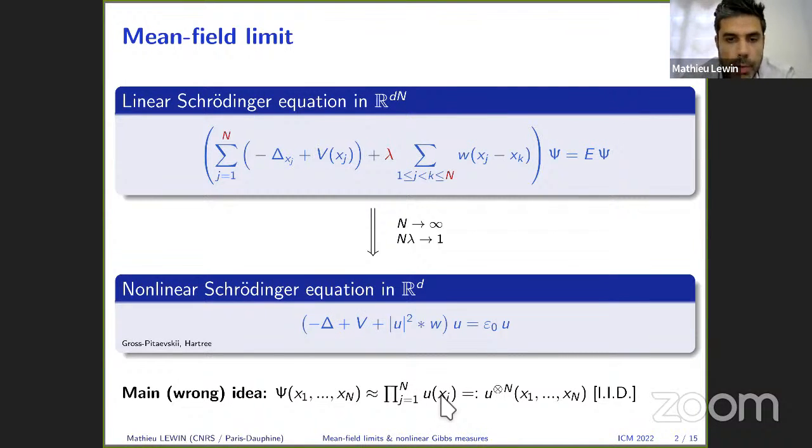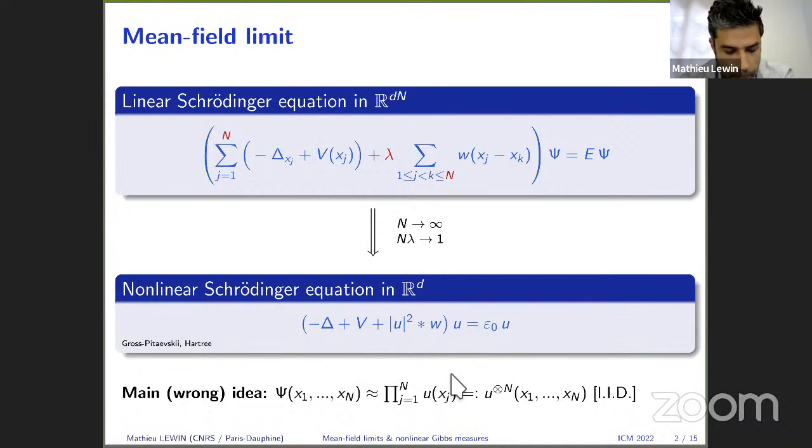So if you like u of x1, u of x2, and so on, u of xn. This is an exact eigenfunction of this operator here without w, and E is just equal to n times the eigenvalue.